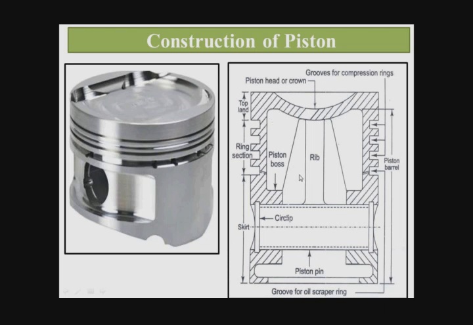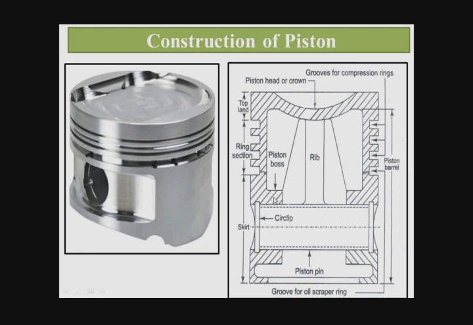These are called the ribs. Ribs are used to support the piston head. This is called the top flange. This is called the ring section, and from this point to this point it is called the skirt, which is called the piston skirt.